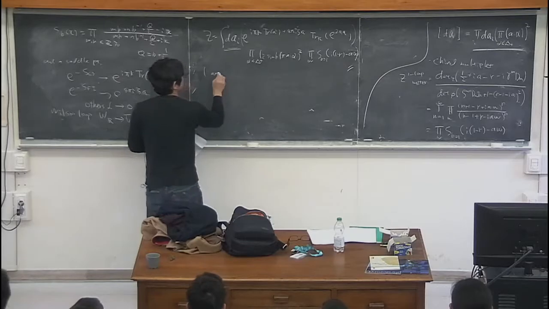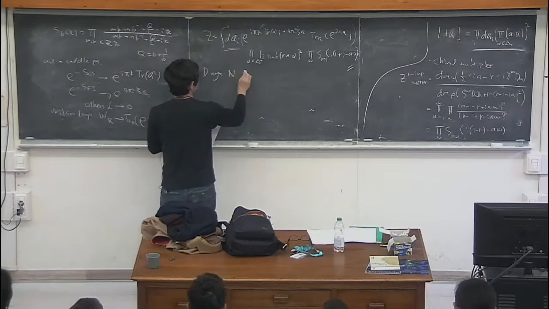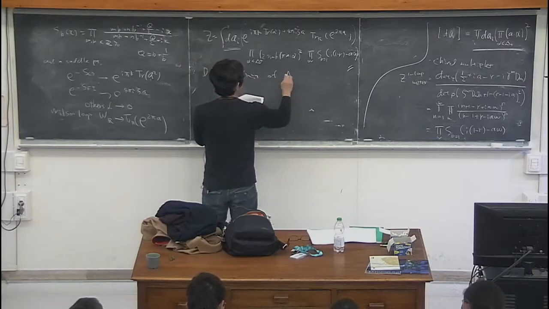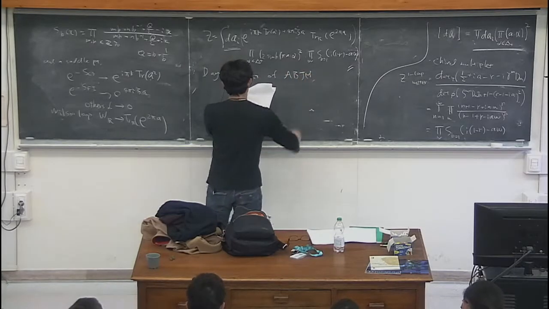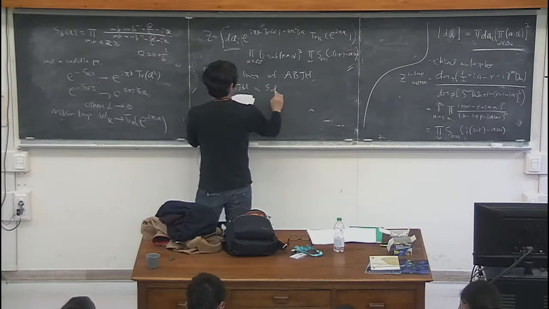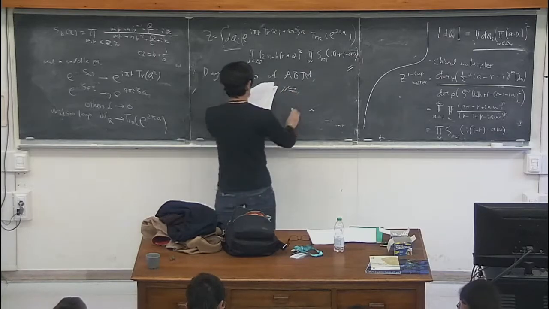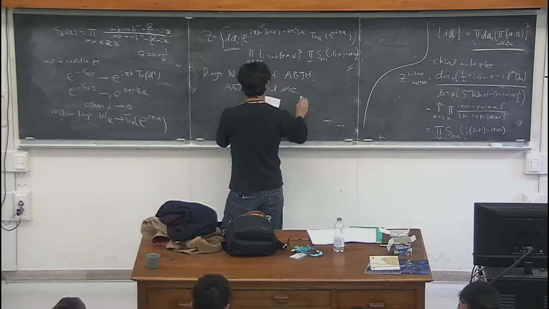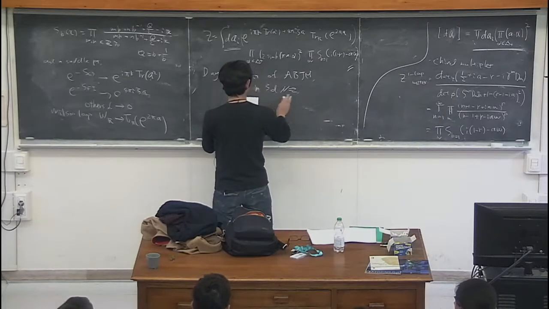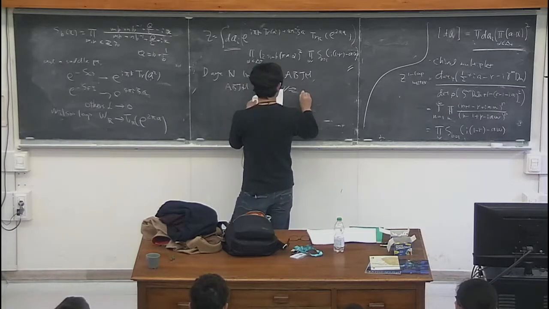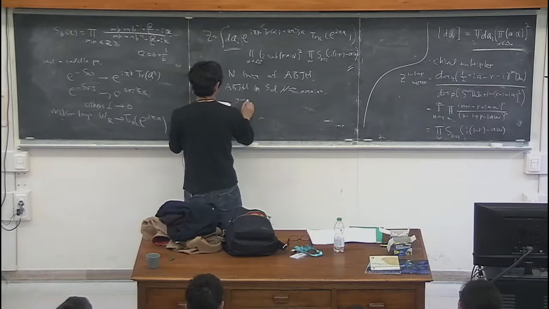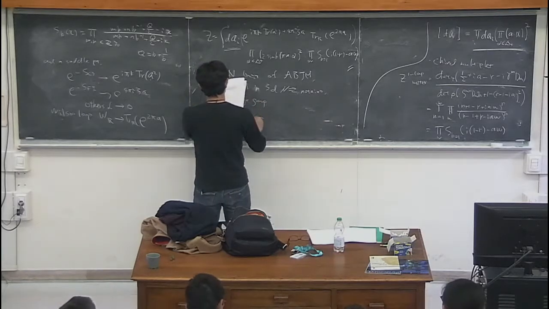So finally, using this, we consider the large N limit of ABJM theory. ABJM is a theory in 3D, and in 3D N=2 notation, the gauge group is U(N) cross U(N).